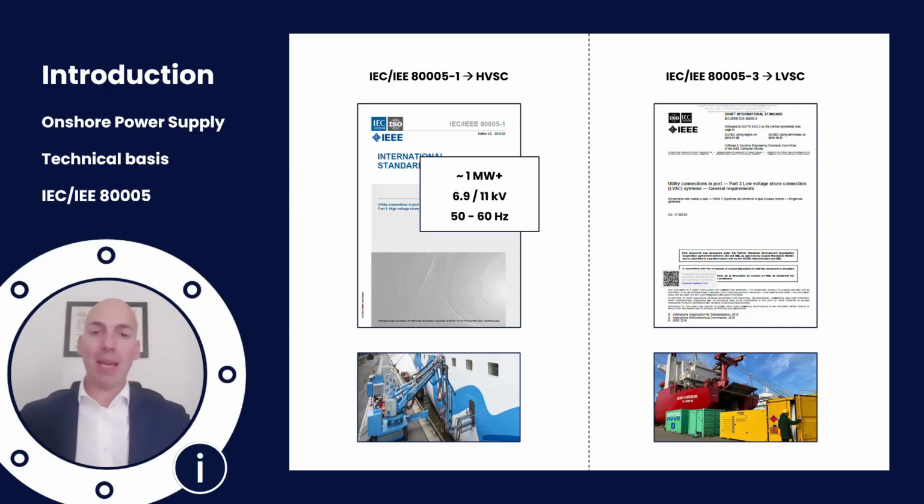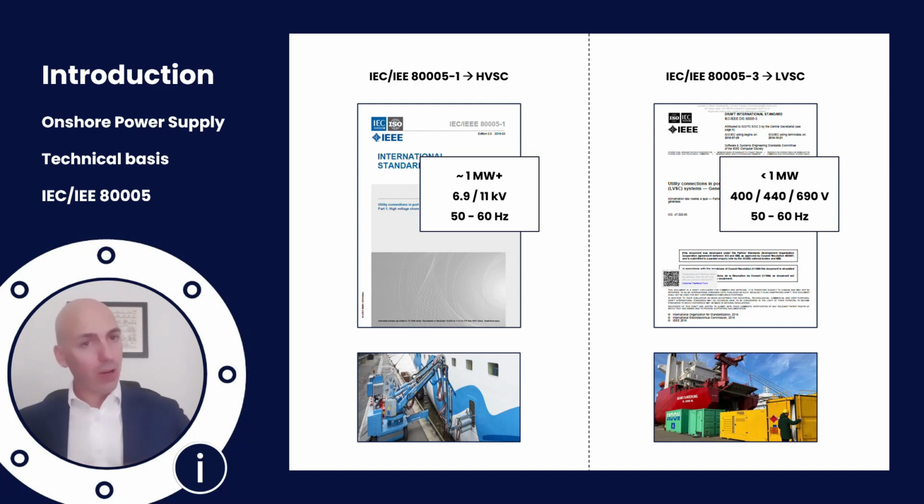So it really depends, but once you get to the megawatt level, or actually a lot less already, at 6 or 500 kilowatts, you might want to use higher voltages in order to get smaller cables and easier access to the power itself. But high voltage systems are typically above 1 megawatt, 6.6 or 11 kilovolts, and can be both 50 and 60 hertz. And then below 1 megawatt, typically lower voltage systems, 400, 440, 690 volts, and 50 and 60 hertz.